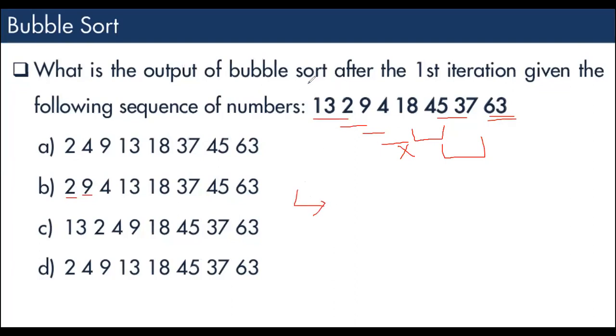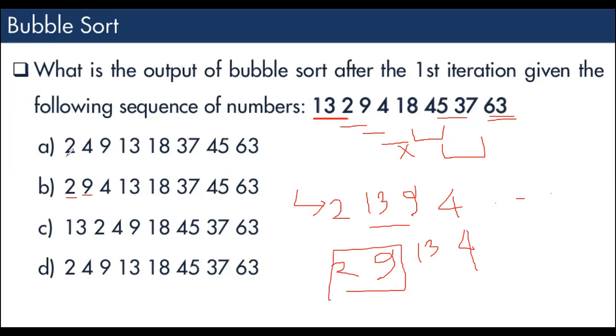After the first two comparisons, it will look something like this: 2, 13, then 9, 4, and so on. Then we'll compare these two, so it will become 2, 9, 13, 4. And you see, we have 2, 9 at the front, and if you look at all the options, only one has 2, 9 at the front, so the answer will be B.